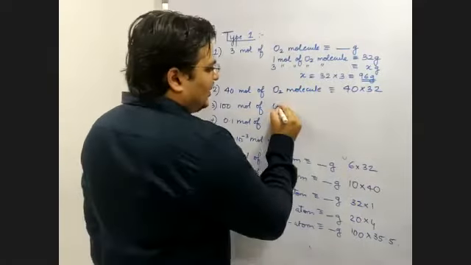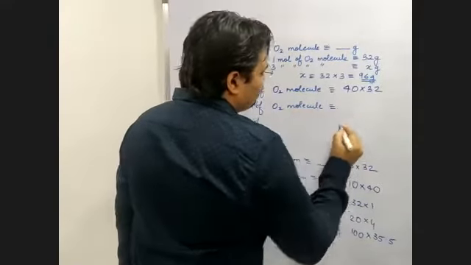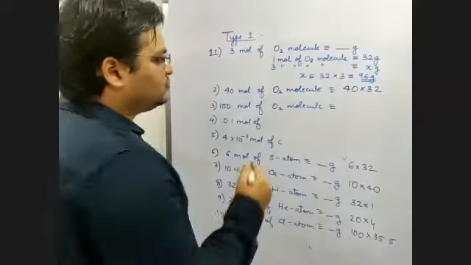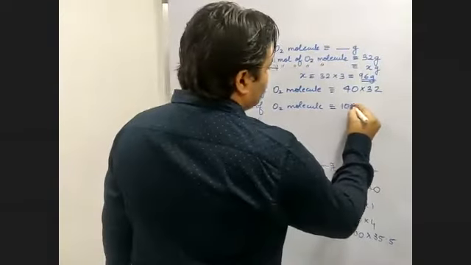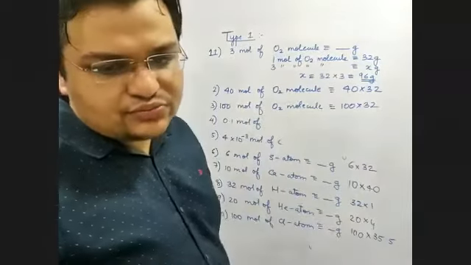Next, 100 moles of O2 molecule. You get it as 100 into 32.